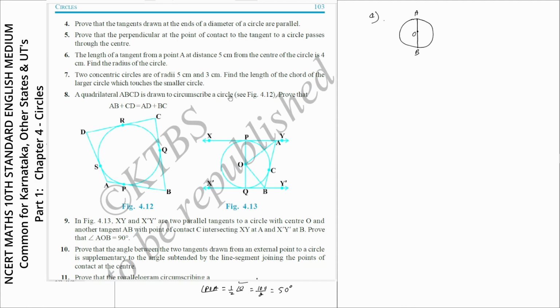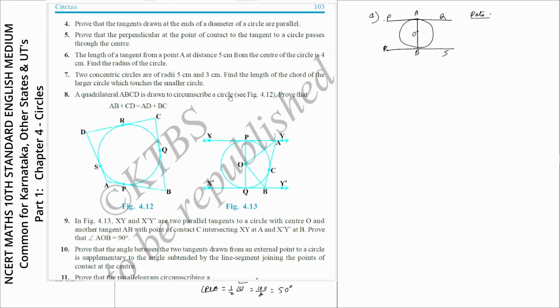I'll draw a tangent at point A. Let PQ be the tangent at point A, and let RS be the tangent at point B. Now I should prove that these two tangents are parallel.